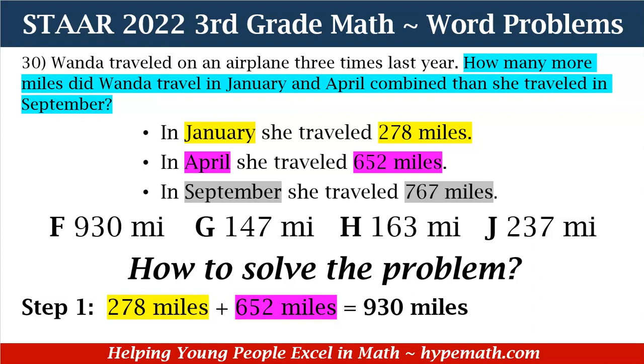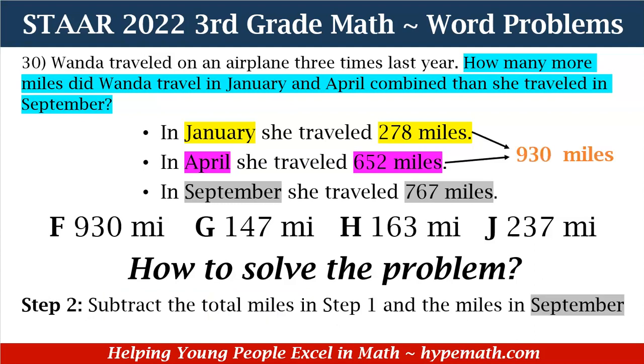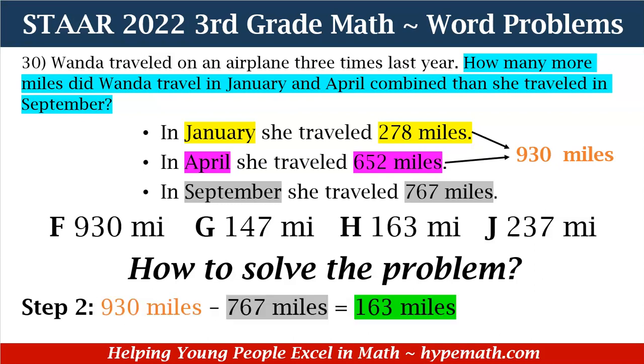That's step 1. Now for step 2, we need to subtract the total miles in step 1, which is 930 miles, and we're going to find the difference of the miles she traveled in September. So 930 miles, that's the total for January and April, minus 767 miles, those are the amount of miles she traveled in September, is equal to 163 miles.